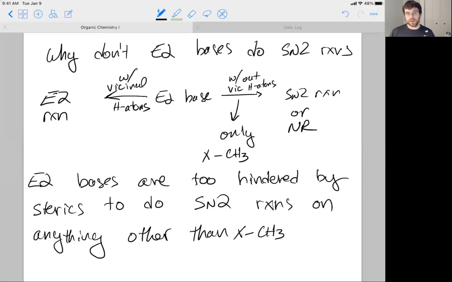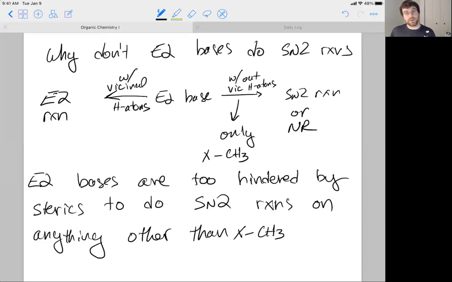So unless you have methyl bromide or methyl iodide, iodomethane, bromomethane, whatever, CH3 directly attached to the halogen, you're not going to see any SN2 reactions. You're only going to see E2 reactions, or if you really strangle the molecule so it doesn't have vicinal hydrogens, no reactions.